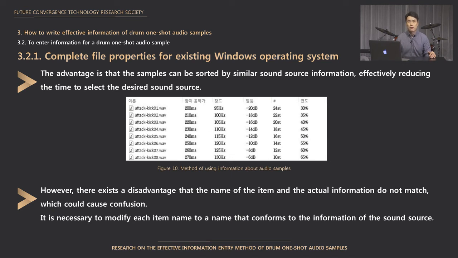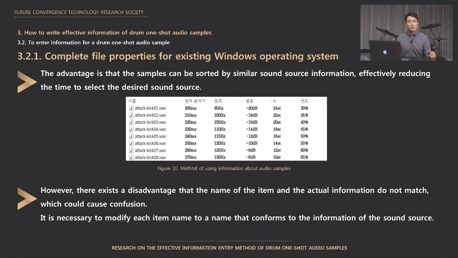Figure 10 above shows an example of the samples arranged in File Explorer based on the information entered in the audio sample. The advantage is that the samples can be sorted by similar sound source information, effectively reducing the time to select the desired sound source.